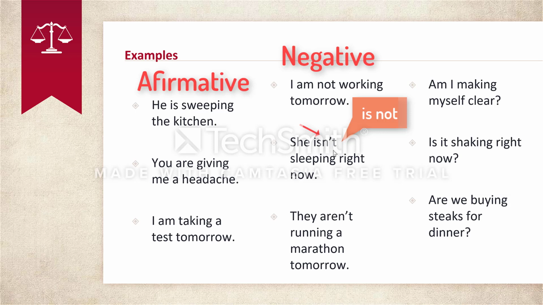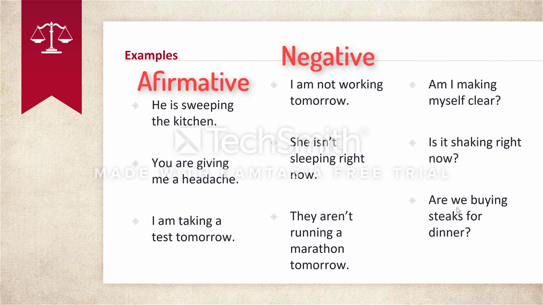The correct term would be a contraction in this sense. So we have the words "is" and "not," and we can shorten it using an apostrophe and turn it into "isn't." So she isn't sleeping right now. Now we can use this in many instances, but for now, you're going to see this in the negative. So she isn't sleeping right now. They aren't running a marathon tomorrow, which would be "are not."